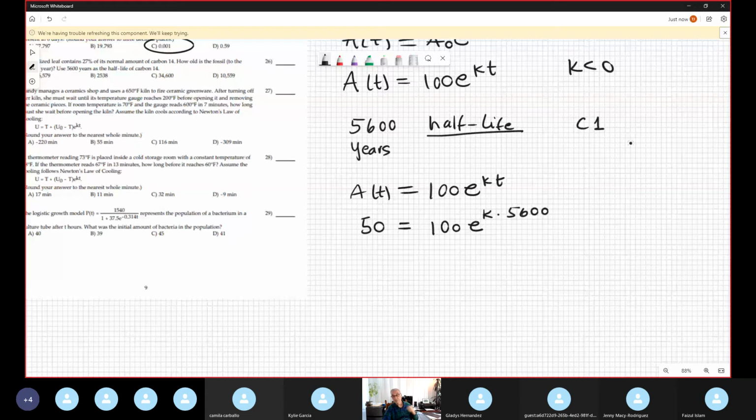Okay, so we have again an exponential equation. Always a similar situation happens. You divide by 100, you get 1/2 equal e to the 5600k. The only unknown is k. Apply logarithm to both sides.